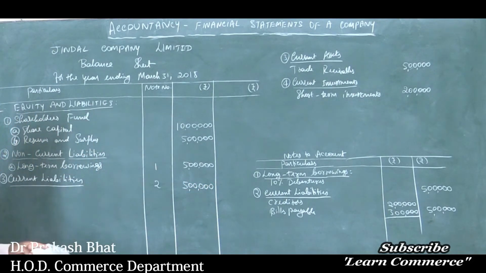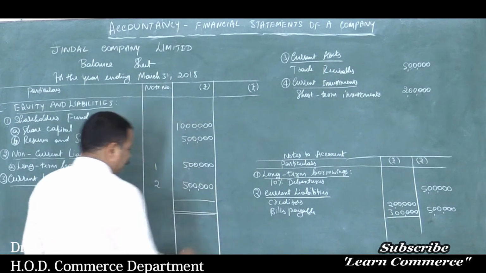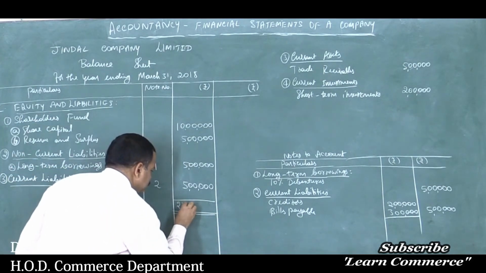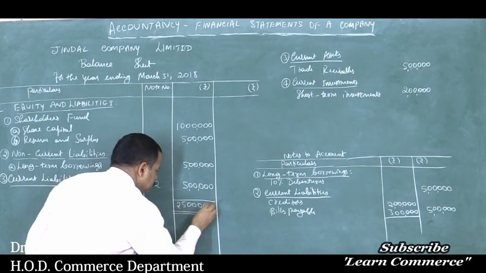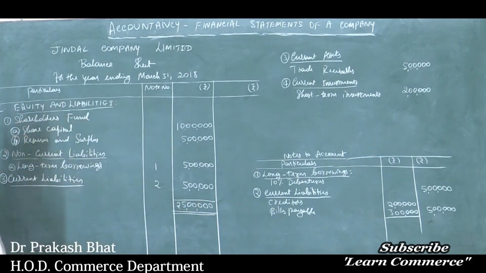So your liability side is done. Now write the total, main total. How much? 25 lakh, correct? So your liability side is done. Now let us move on to the asset side.